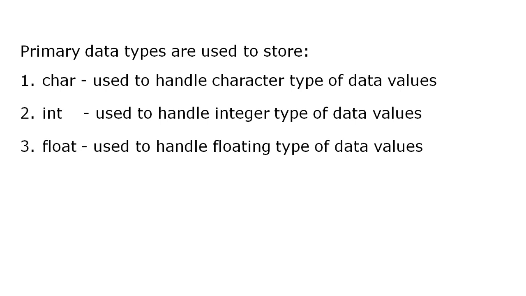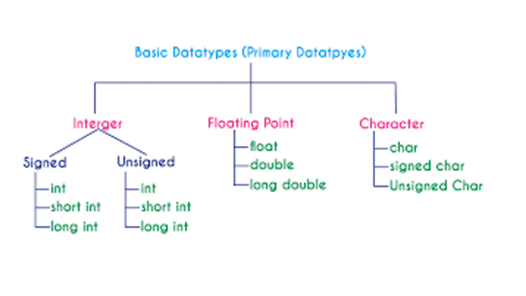A character is a single character, an integer is a number like 20, 30, 40, and a float is a fractional number. This is the complete diagram of basic data types.